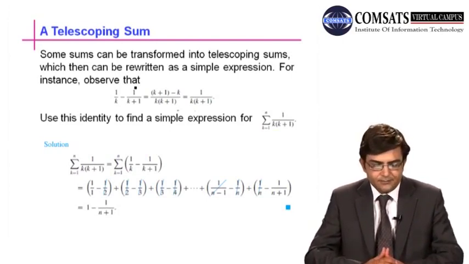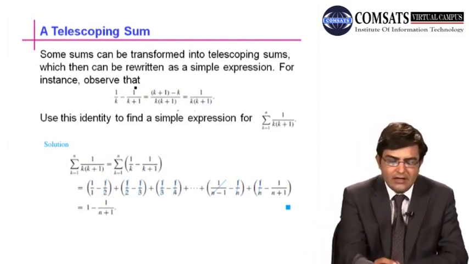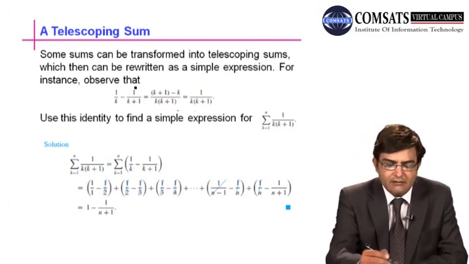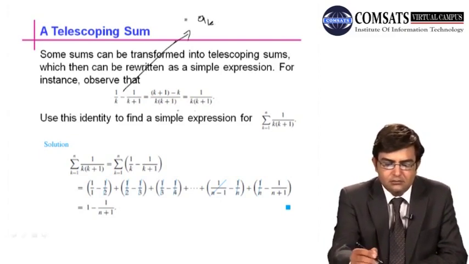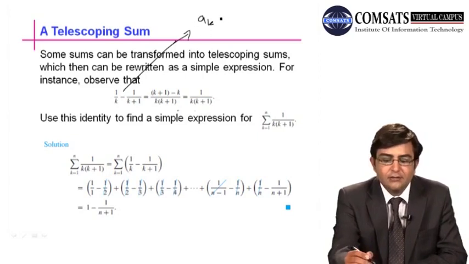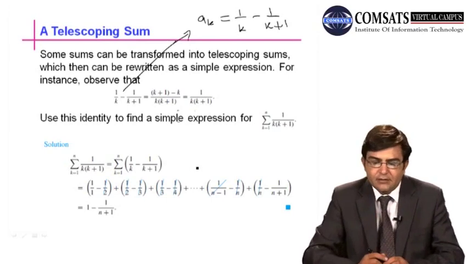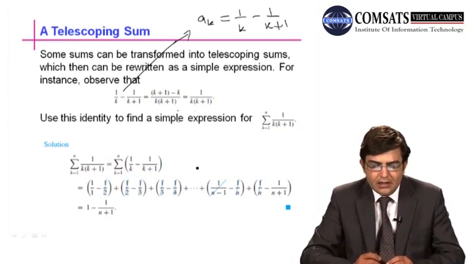For instance, we observe that if we write 1 over k minus 1 over k plus 1, as the nth term a_k of a sequence, such a general term can be simplified by doing some simple algebra.